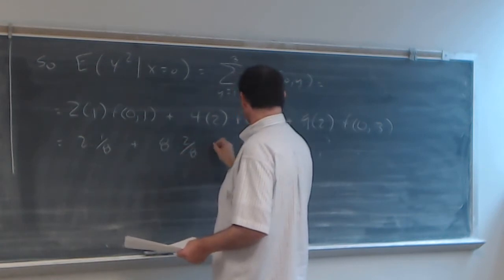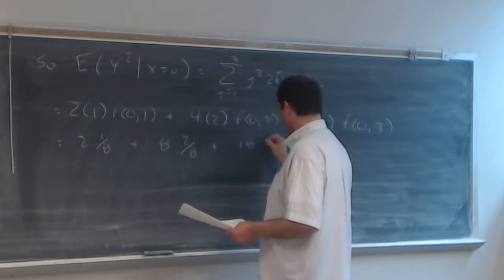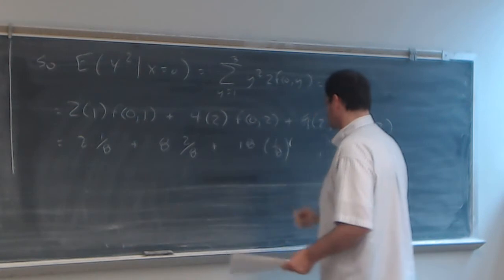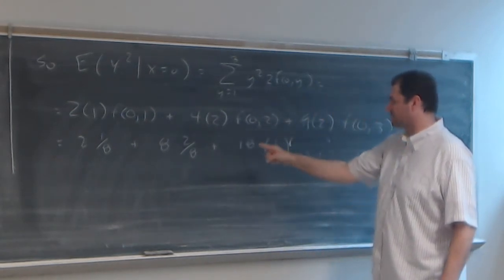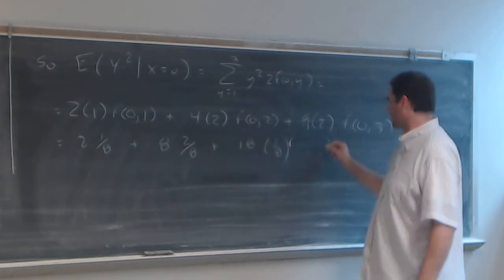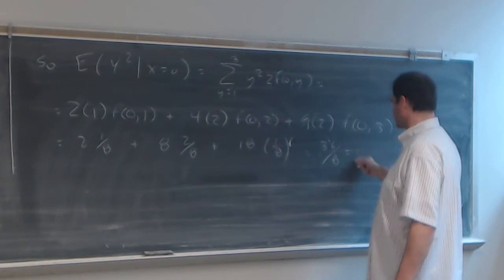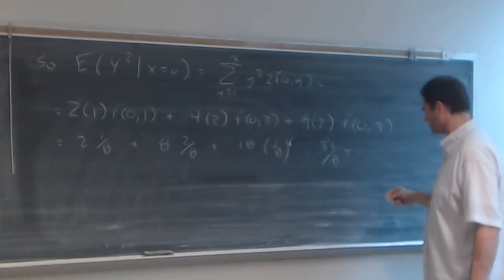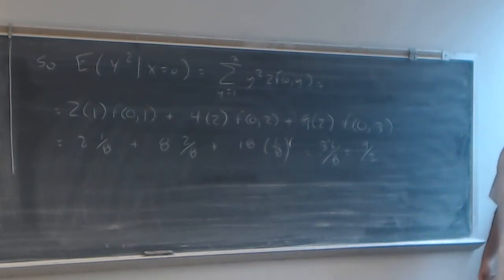And then plus, this is 18, f of 0, 3 by our chart is 1/8. So this ends up being 2, 20, 36 over 8. 4 goes into both of these. And so what we get is 9 over 2. That's what we get for that part.